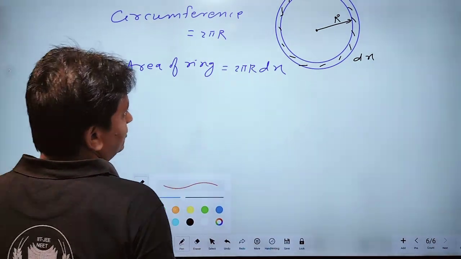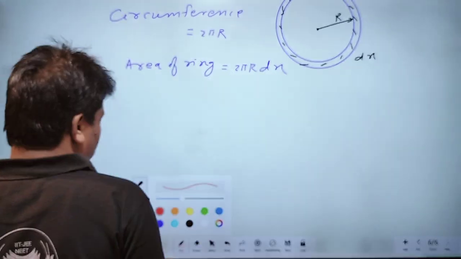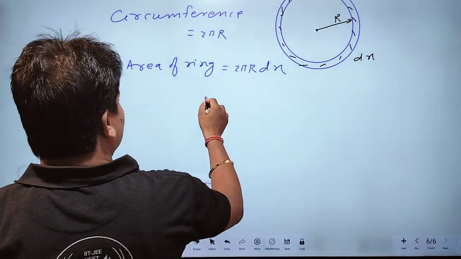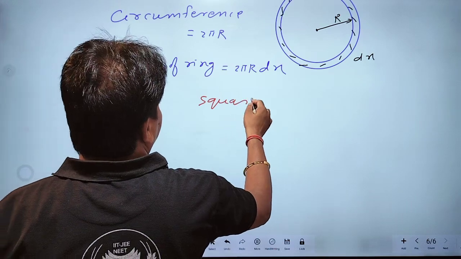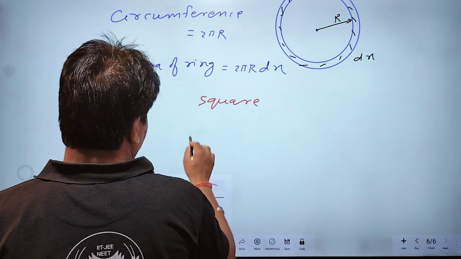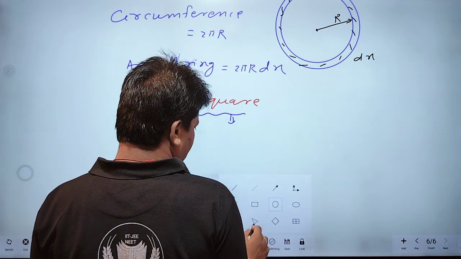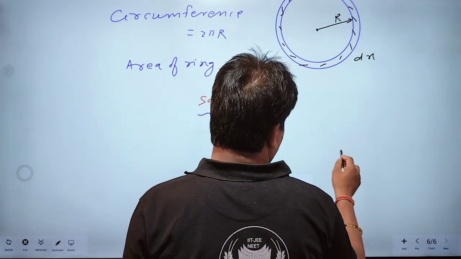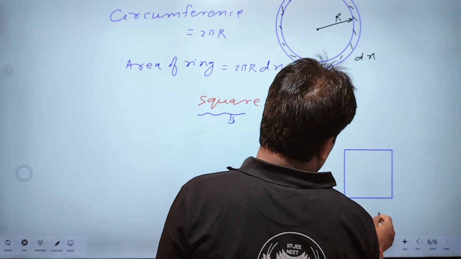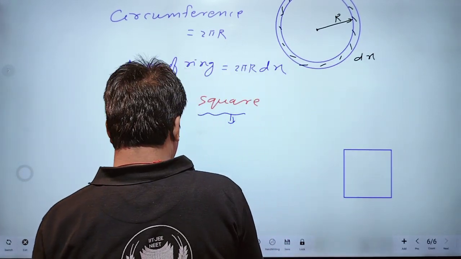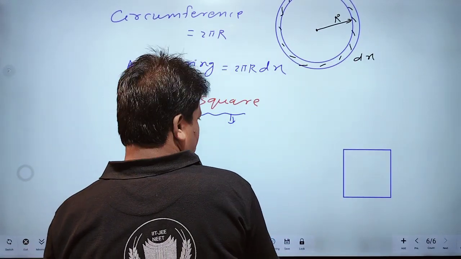Now, I am going to tell about a square. What is a square? It is a rectangle whose each side is equal.